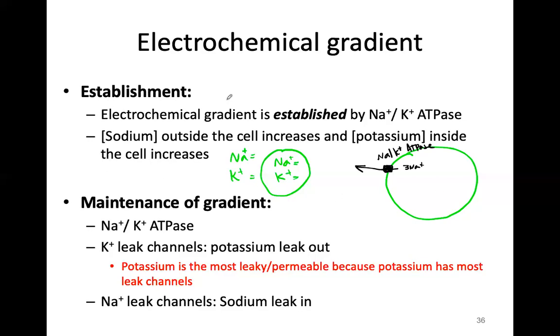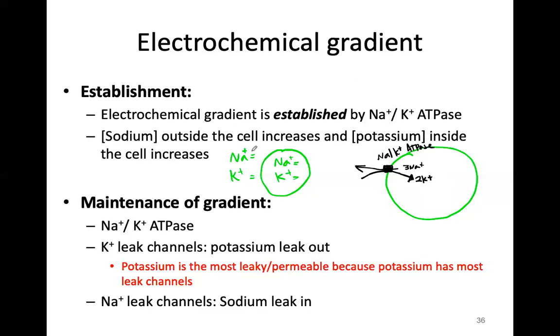At the same time, while this channel is working, it's going to take 2 potassium from the outside environment, or from your extracellular fluid, and bring it into your cell. So when you start with equal numbers, now more sodium is being pushed outside and more potassium is being pushed inside the cell.